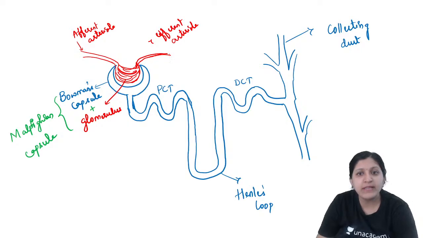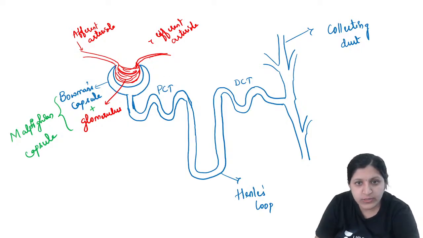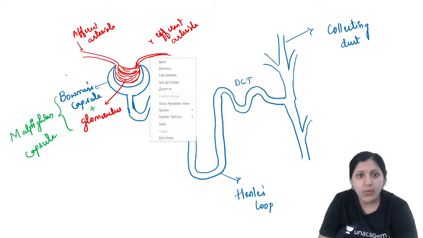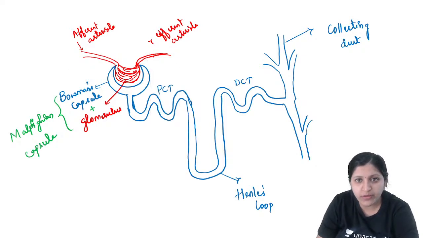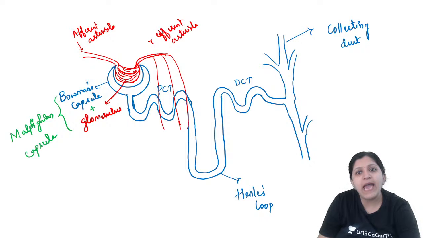So what is going to happen? This will further divide, where it is going to form the secondary set of capillaries. Let's draw the secondary set of capillaries over here, at the PCT.